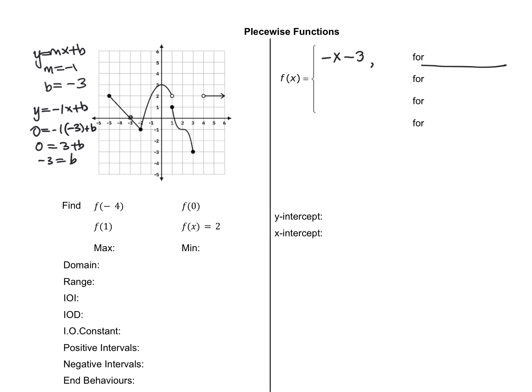Now this line has x values between -5 and -2, and these values are included because they're closed points. So I'm going to write x belongs to [-5, -2]. I am using interval notation here, and I'm just stating the interval of x values. And that's it for the line.